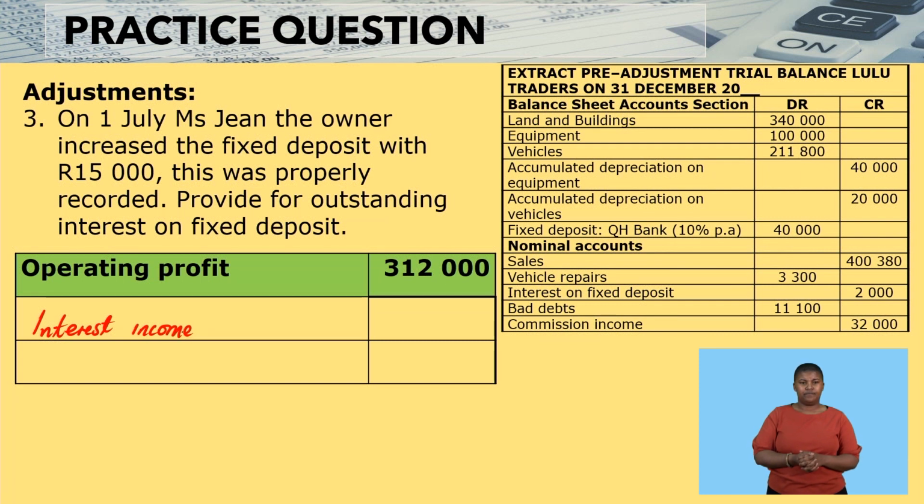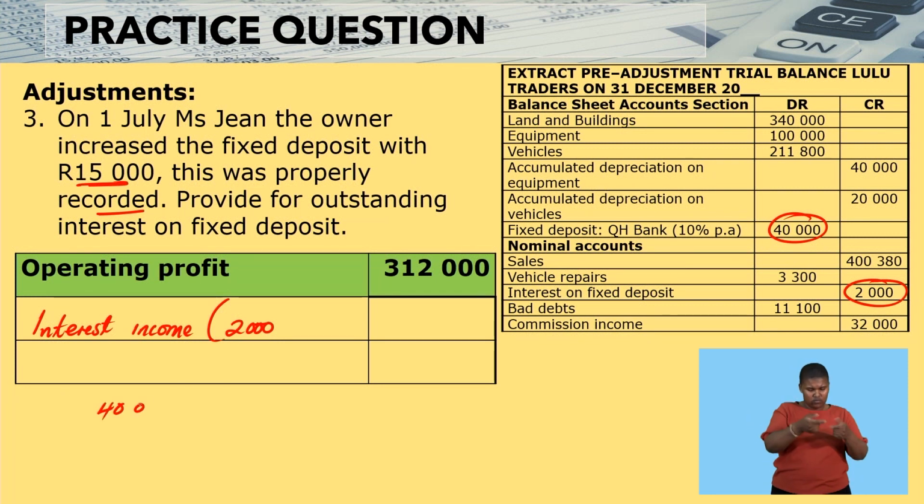In the list of balances, we are given interest on fixed deposit of 2,000. So I come here, interest income 2,000. We are told that this 15,000 was properly recorded. That simply means within this 40,000, we have this 15,000.